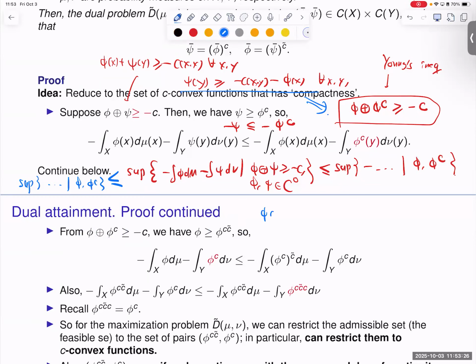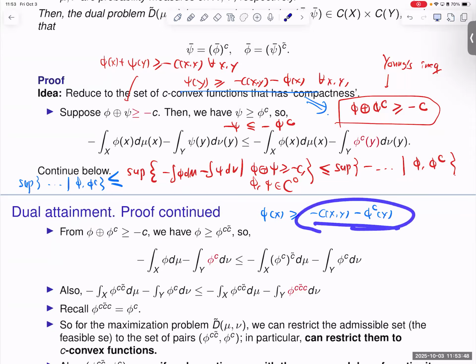The phi of x is bigger than or equal to minus c(x,y) minus phi c(y), just coming from this. And then from there, you take the supremum over y. The supremum over y gives the Legendre transform of phi c, which is phi c theta.